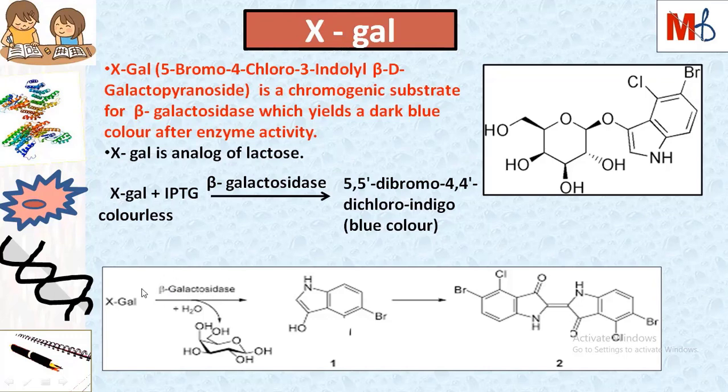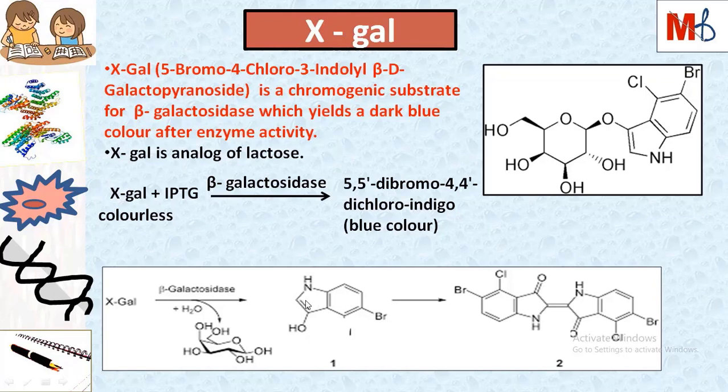Let's see the chemical reaction here. If we use the beta-galactosidase enzyme here, then it cleaves this galactose unit. This is the galactose unit present here. It cleaves only the galactose unit from this whole X-Gal, and now it forms the 5-bromo-4-chloro-indoxyl.